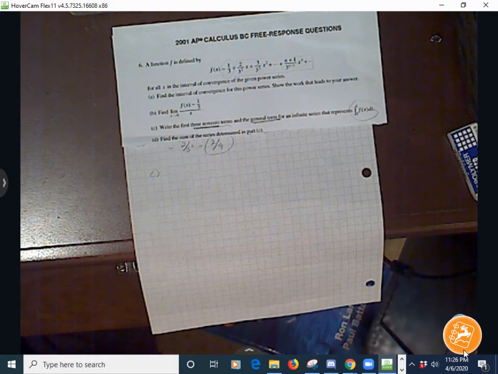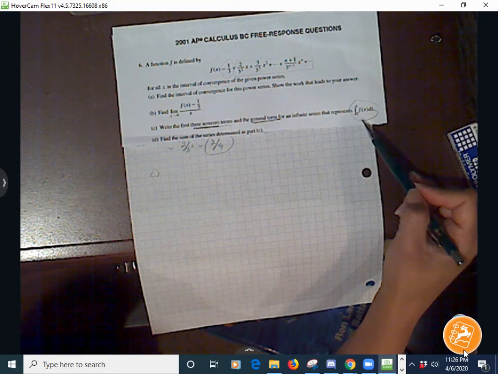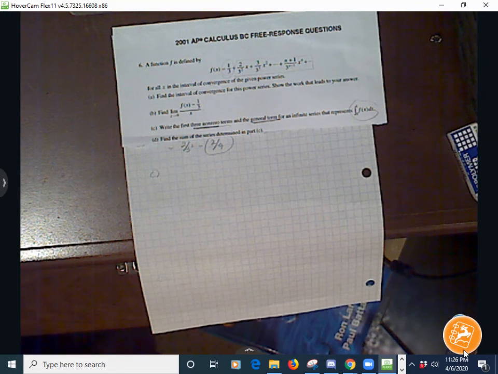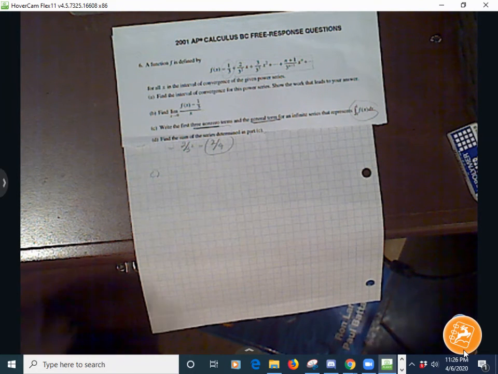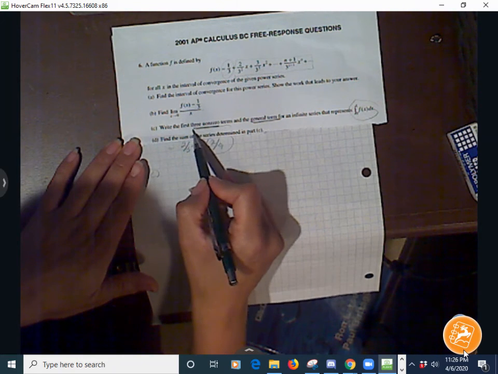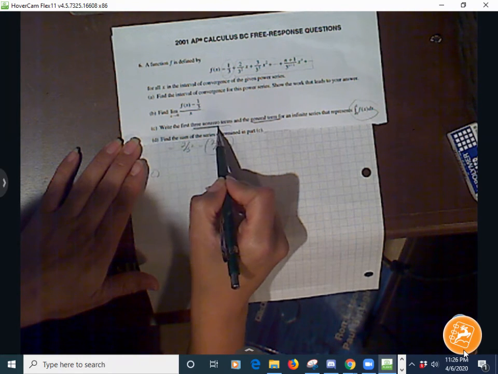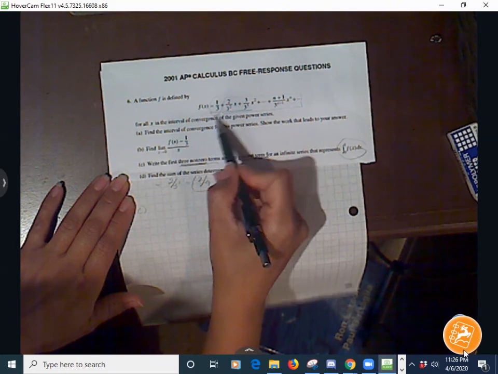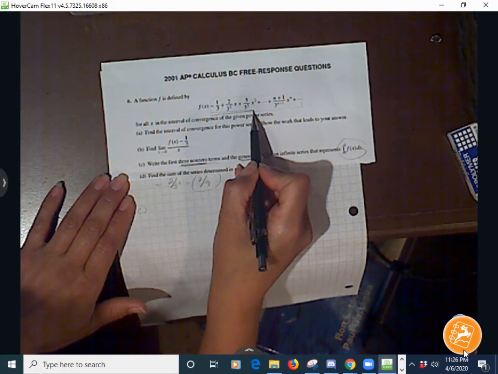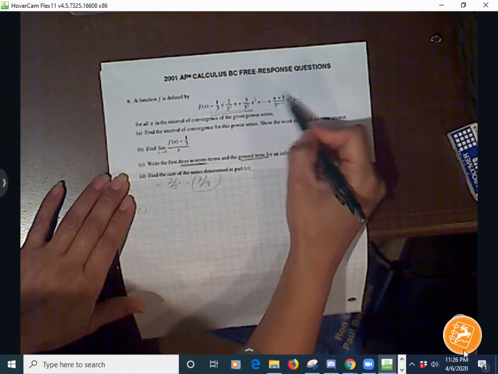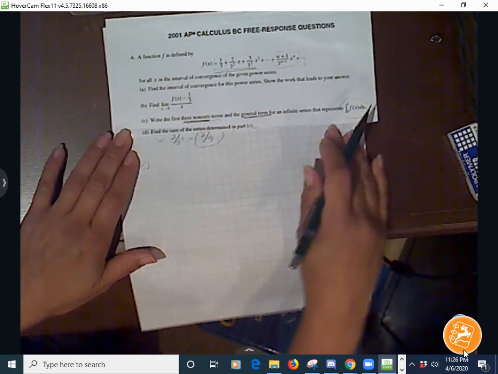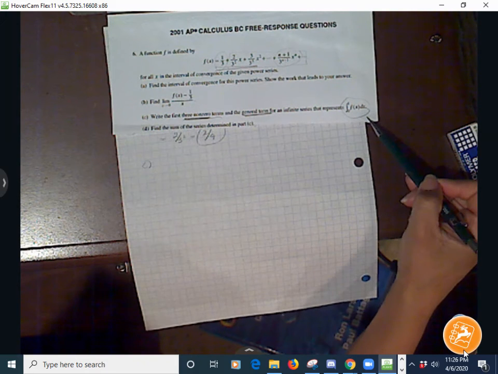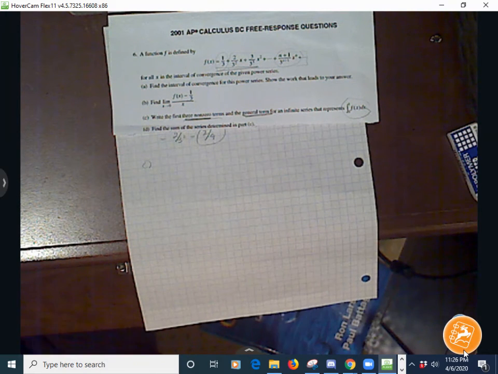And then once we integrate it, since we're integrating a power series, we're going to generate another power series, and then we're going to want to find its formula. And what we need to do at the same time is find the first 3. What they mean by a non-zero term is basically like this. See? These are the first 3 non-zero terms. And then the general term is this. So we want to find that for this integral right here.